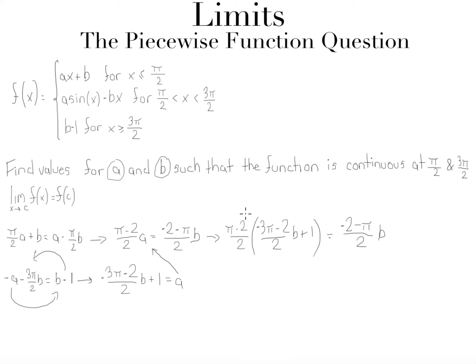So now simplifying this, we have to distribute this value, pi minus 2 over 2, to these two terms.